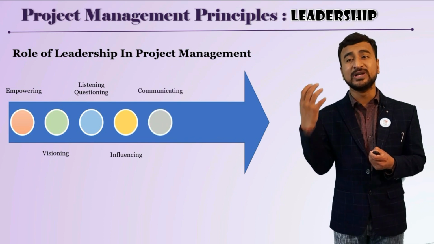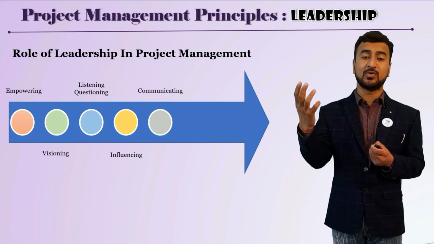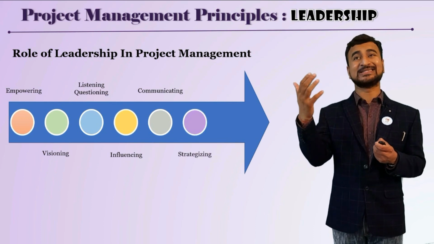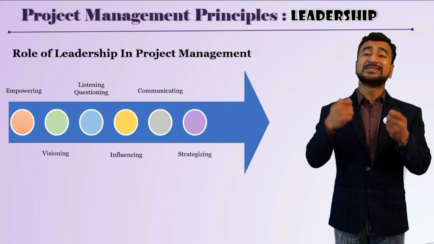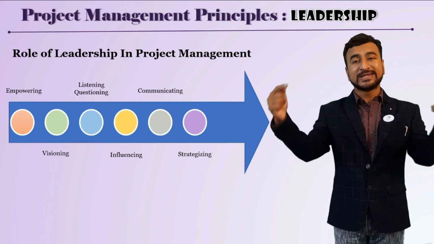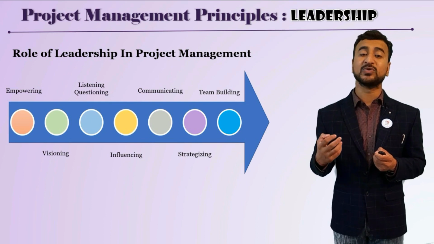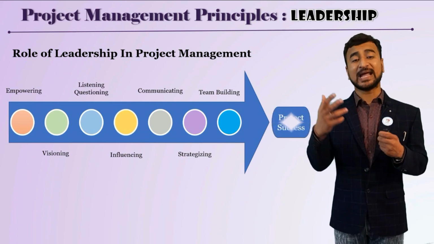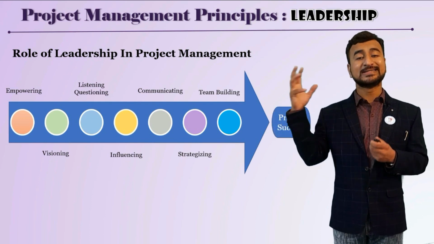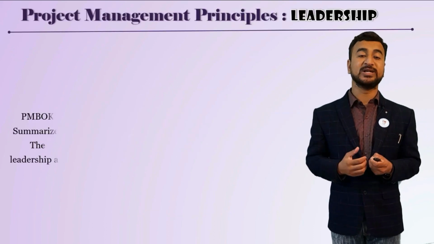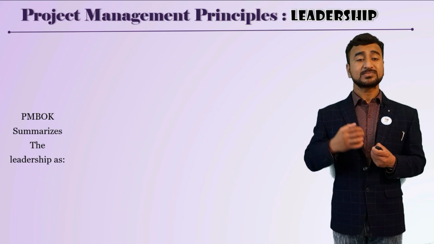You sometimes need to influence the team to achieve the goal, communicate regularly and frequently to understand the state of mind, and strategize how together you can achieve the goal of the particular project, with team building exercises, and all together you achieve the project's success. So this is the role of leadership in project management.